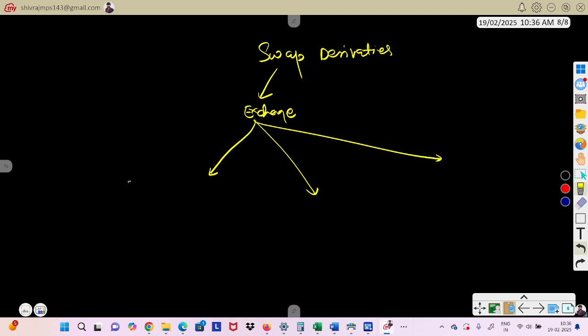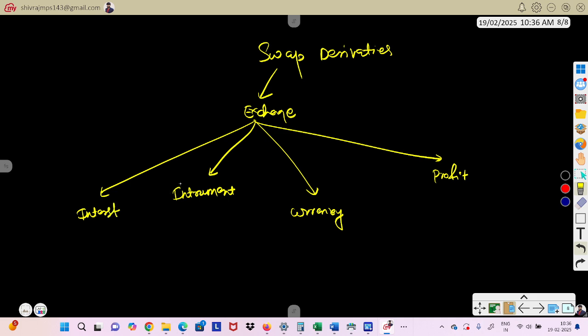Exchange of an instrument. What else? Exchange of currency, exchange of profit, exchange of interest, and even exchange of risk as well.